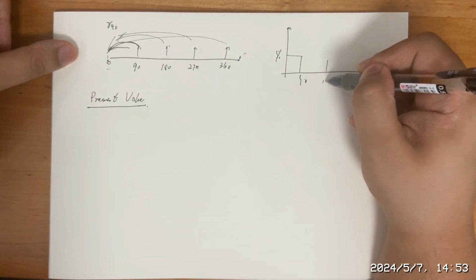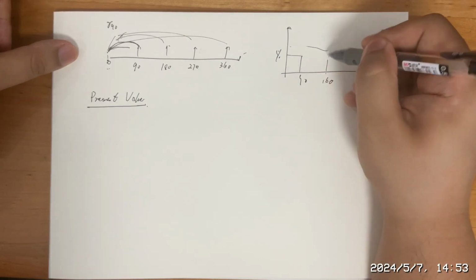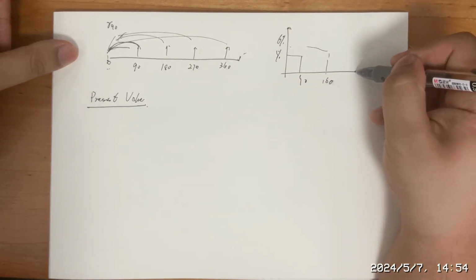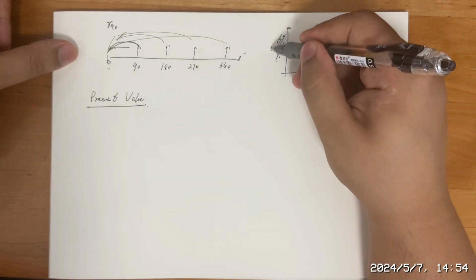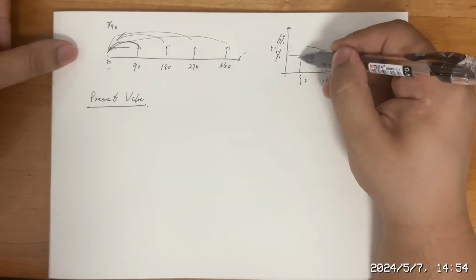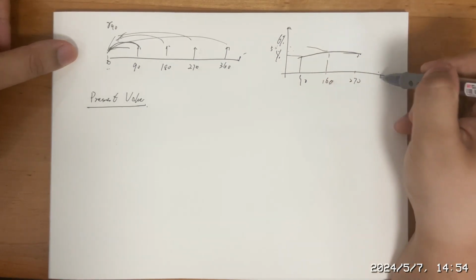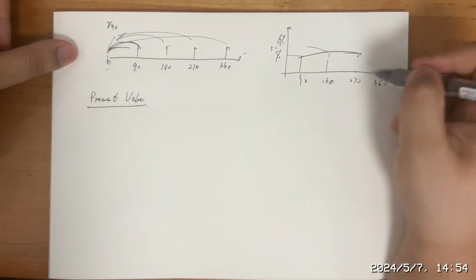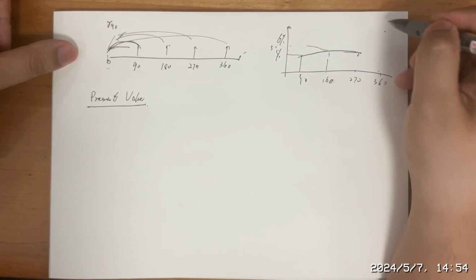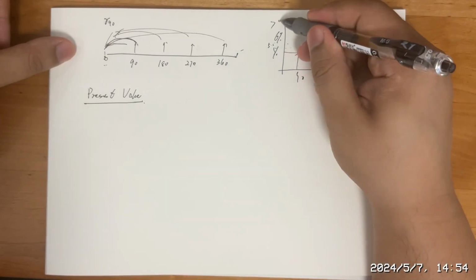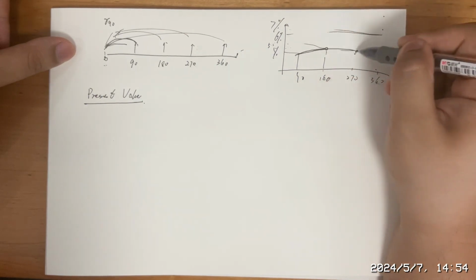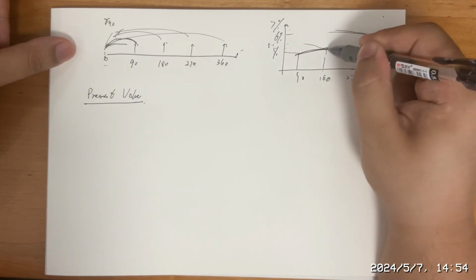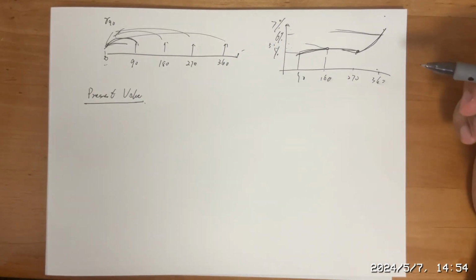At 180 days the spot rate will be maybe 6%, and at 207 days it's lower a little bit, maybe 5.5%. You'll get a specific chart. At 360 days, you'll get something crazy like 7%. I just want it to be crazy, so it's not going to affect how you calculate.